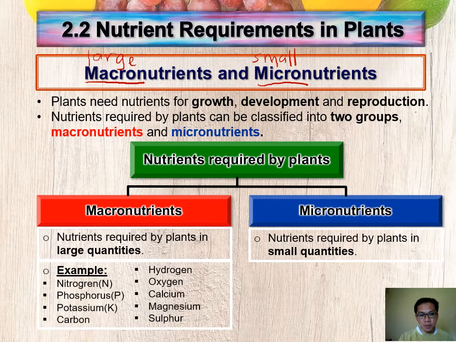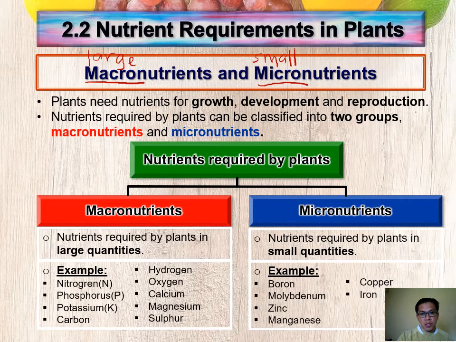We can see here the examples of macronutrients are nitrogen, phosphorus, potassium, carbon, hydrogen, oxygen, calcium, magnesium, and sulfur, while the micronutrients are boron, molybdenum, zinc, manganese, copper and iron.